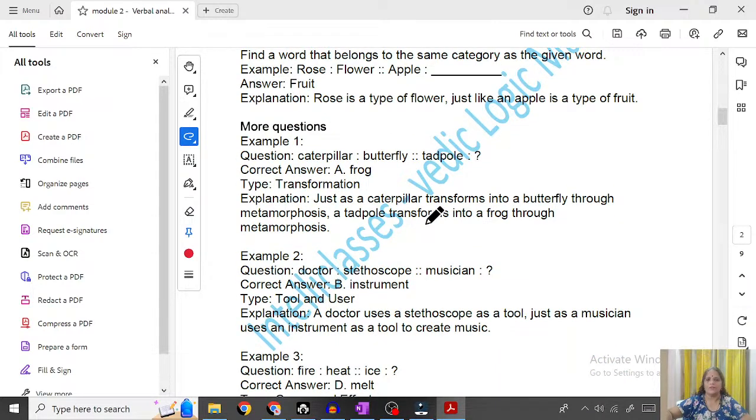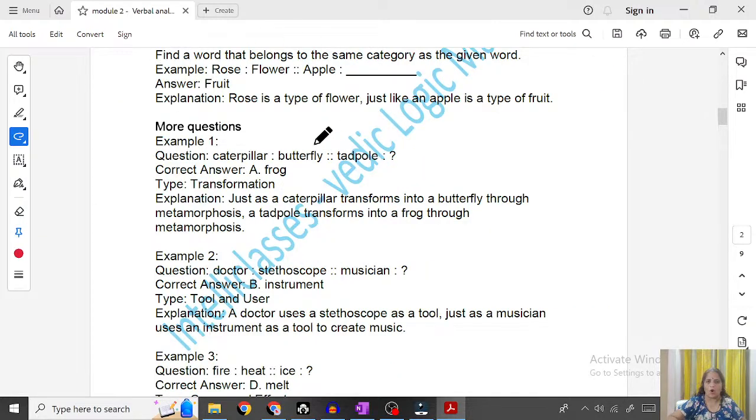Alright. So here we have the example of caterpillar is to butterfly as tadpole is to what? Now what is a caterpillar? A caterpillar is nothing but the young of a butterfly.